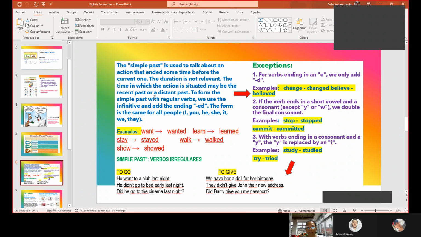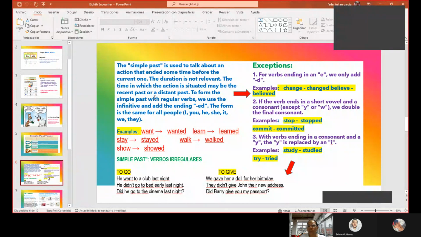For example, want, wanted, learn, learned, say, said, walk, walked, show, showed. This is an example of regular verbs that we add ed to, and we use the same form for all personal pronouns: I, you, he, she, it, we, they. We don't change the verbs.